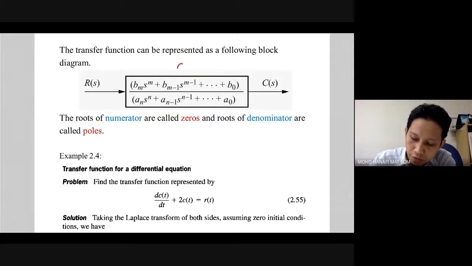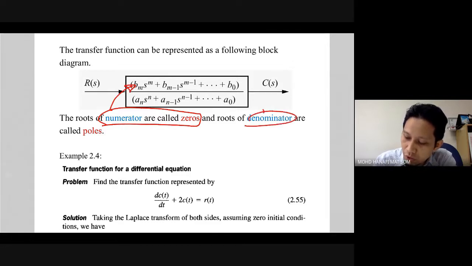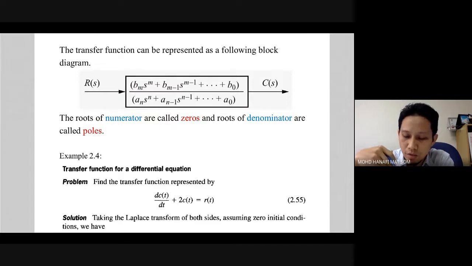Inside it is actually G(s). The roots of the numerator are called zeros. This is the numerator, and this is the denominator. We call the roots of the denominator poles.